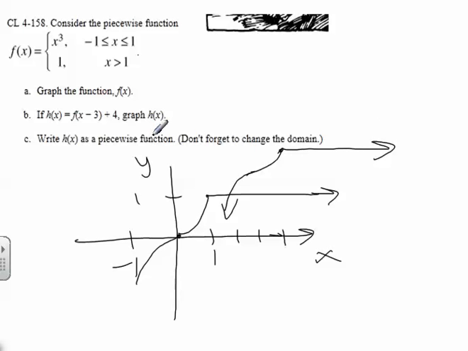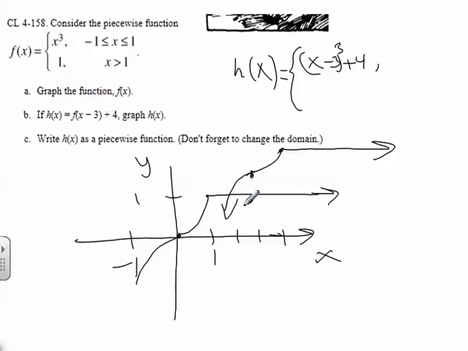And then write that as a new piecewise function. Don't forget to shift the domain. So we've still got the cubic. So h of x. Alright, we've still got the cubic going on, but the cubic was shifted. So it's going to be x minus 3 cubed plus 4.